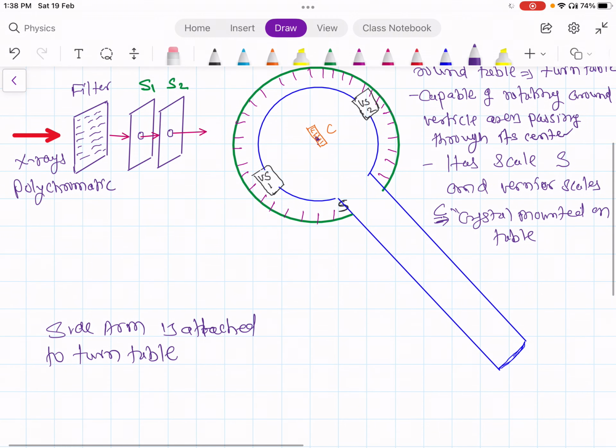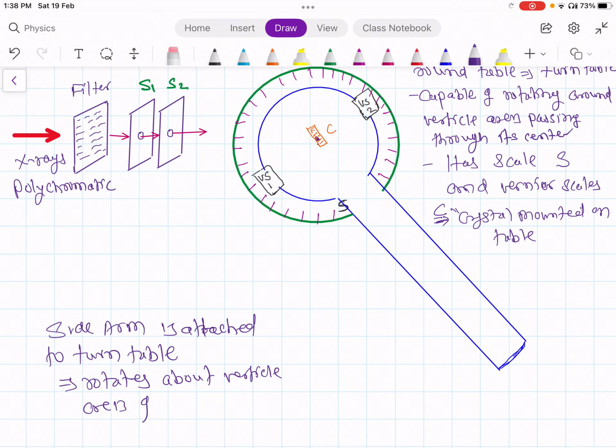And this side arm also rotates about the vertical axis of the turntable.